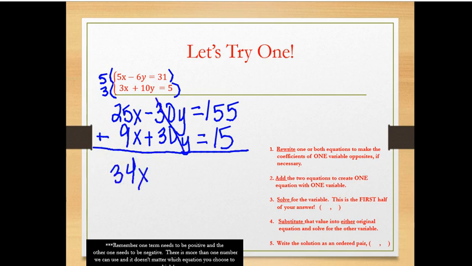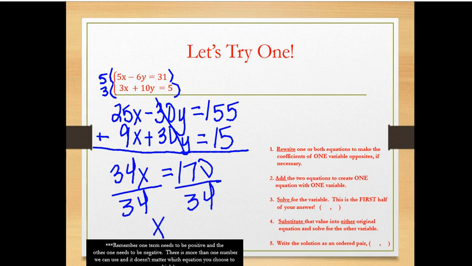My y's cancel out. And 155 plus 15 is 170. So when I divide 170 by 34 to solve for x, I get 5. So my x value is 5.